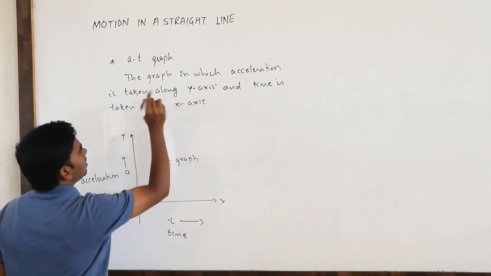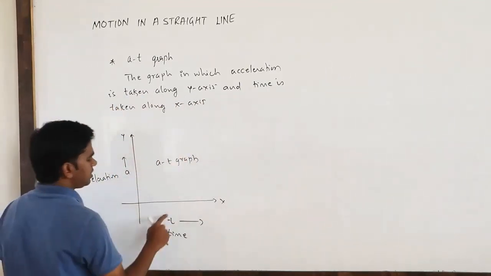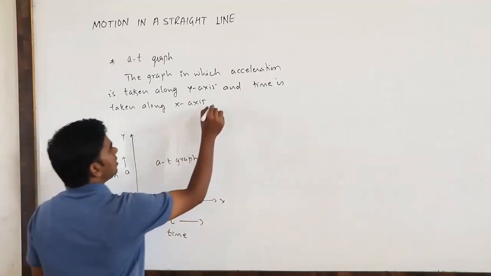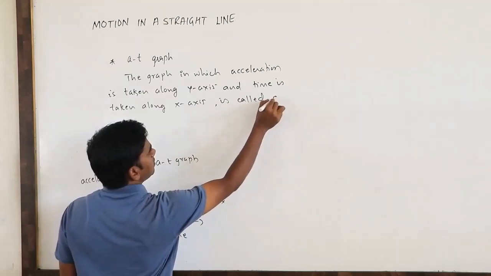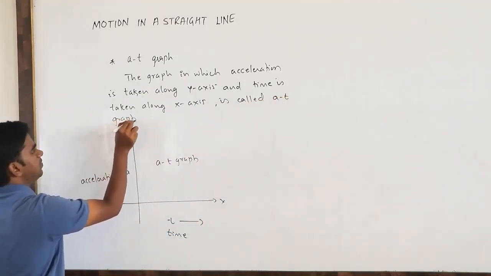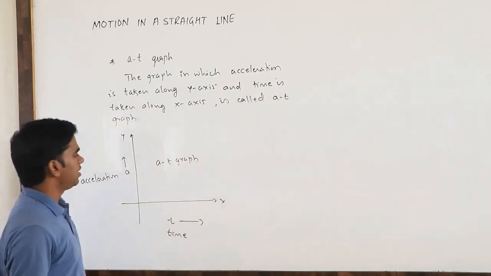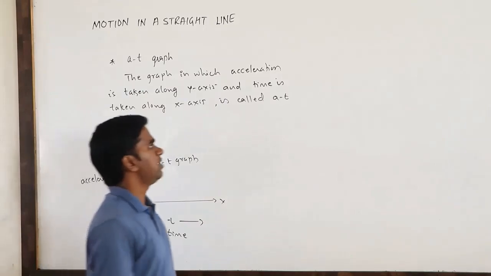The graph in which acceleration is taken along the y-axis and time is taken along the x-axis is called the acceleration time graph, or simply the AT graph. So this is the definition of the acceleration time graph.